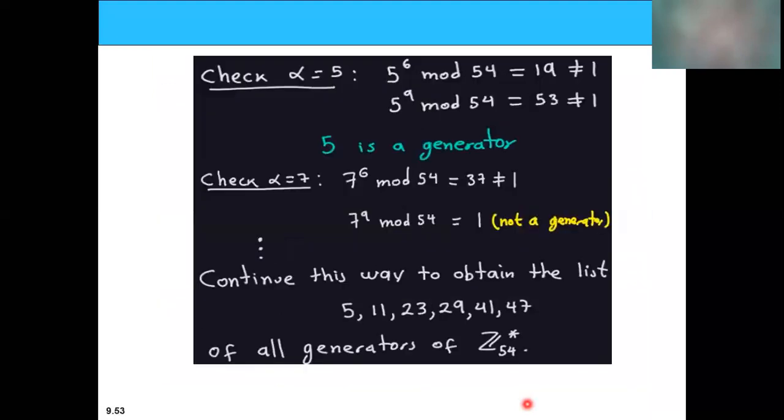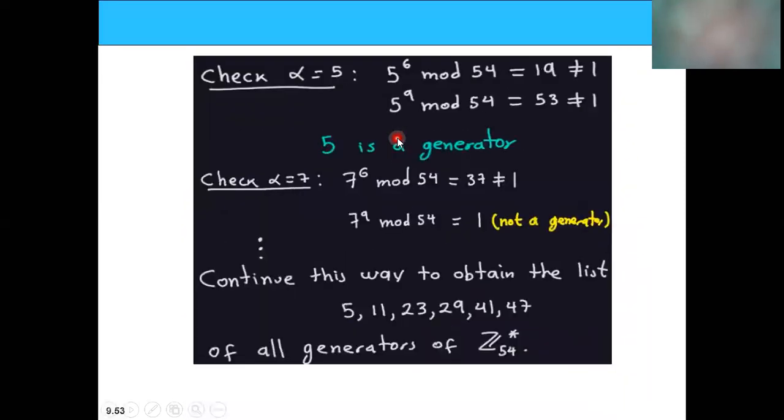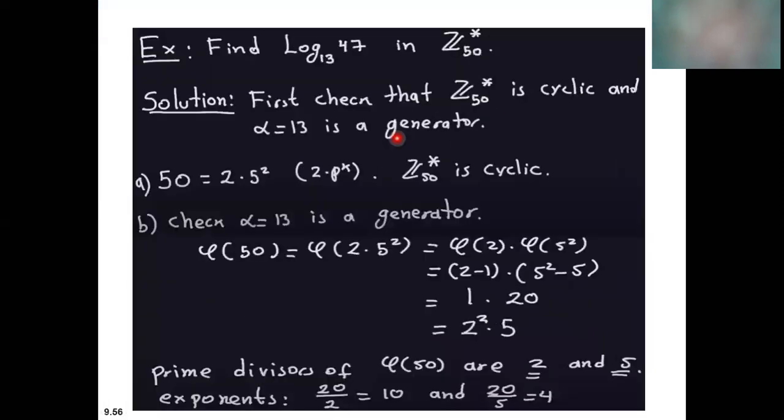If you look over here, I first of all calculate phi of n, then the prime divisors of phi of n. I take it like this: phi of n divided by each prime divisor. So 20 divided by 2 and 20 divided by 5, I get 10 and 4.